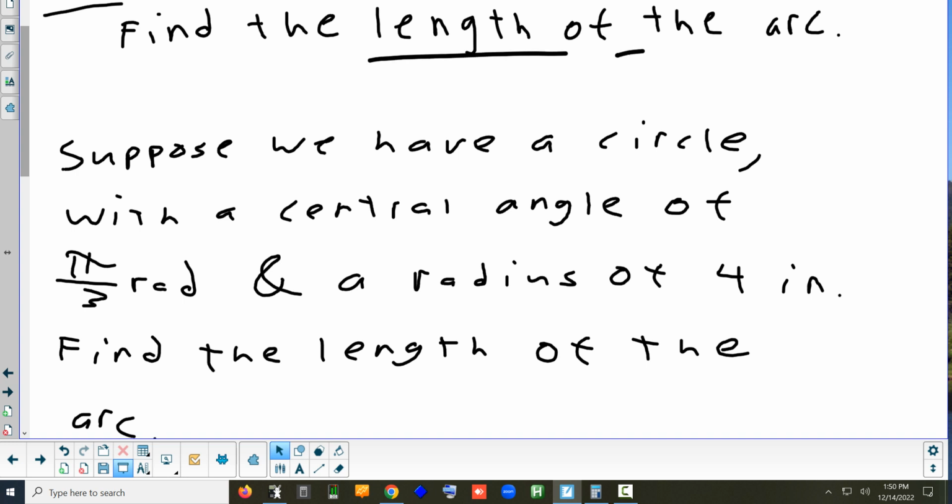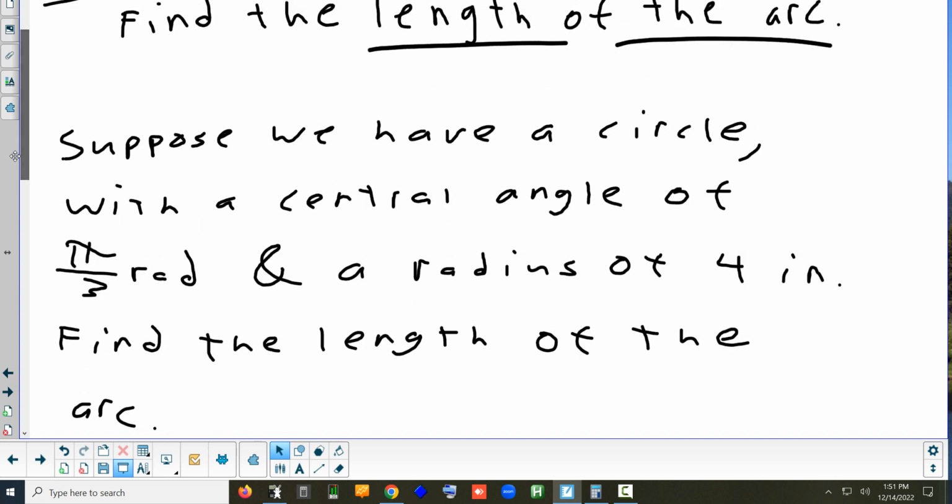All right. Well, it's asking me to find the length of an arc. So the first thing I should write down is my formula. Ryan, what is my formula for finding the length of an arc?